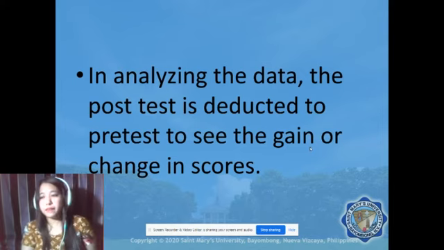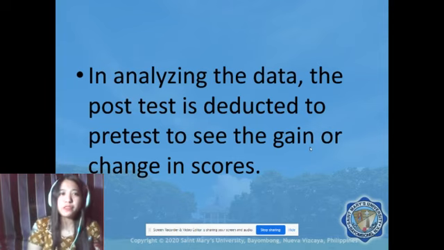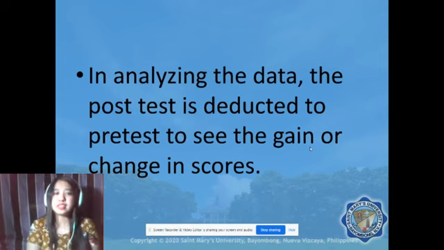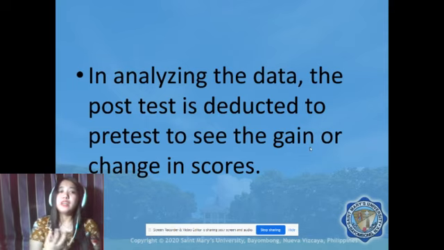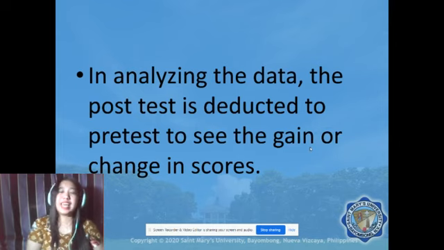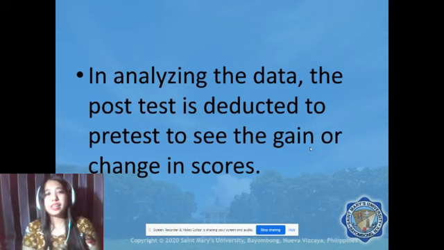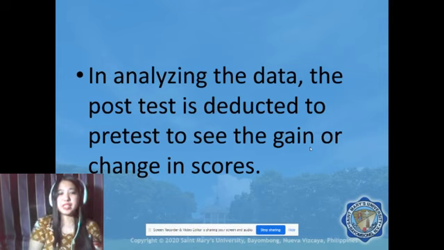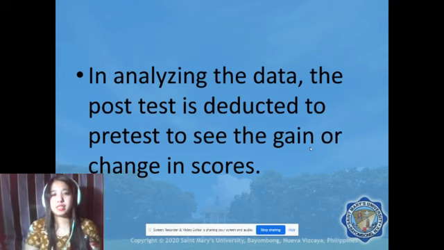Or what if the given treatment caused confusion to the student, so that instead of getting a high score, he or she obtained a low score after the treatment. So it's better to use the gain or the change in scores in analyzing the data when it already involves pretest and post-test.